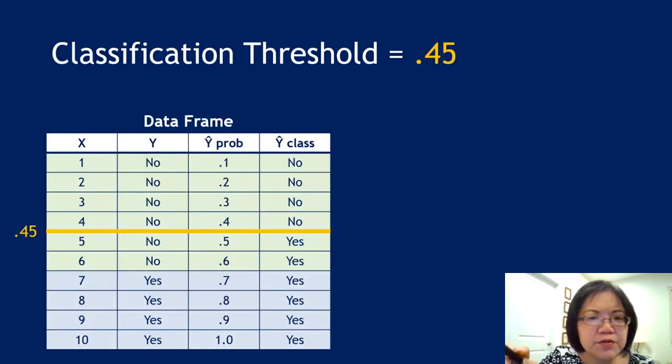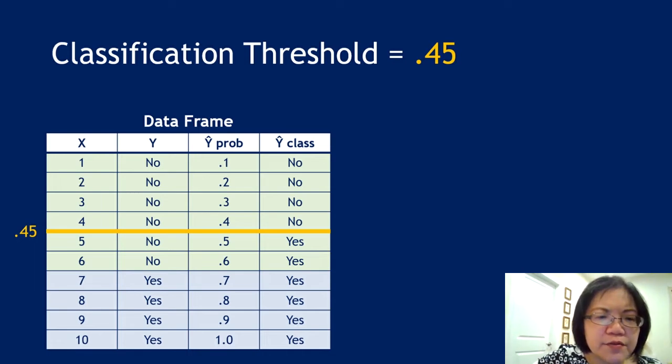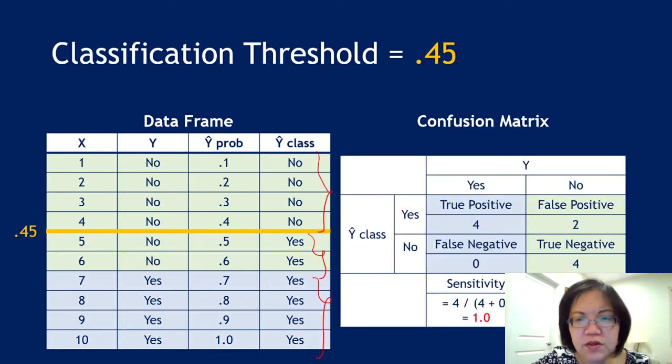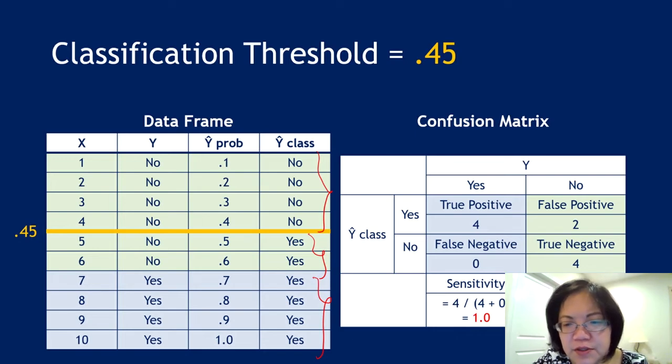And now with the threshold of 0.45, we have 4 correct negatives, 2 false positives, and 4 correct yeses. So that's the summary here. Again, sensitivity is still perfect. Specificity keeps going up to 0.67, and the false positive rate keeps going down, which is what we like to see.